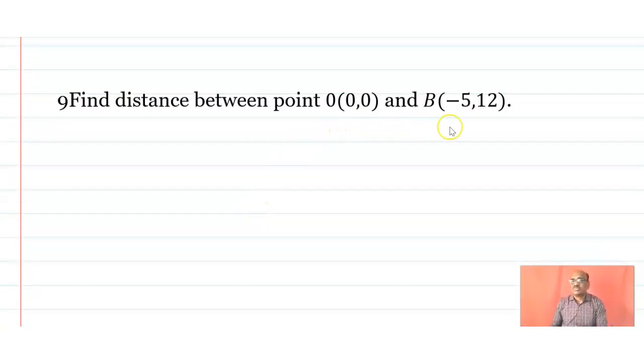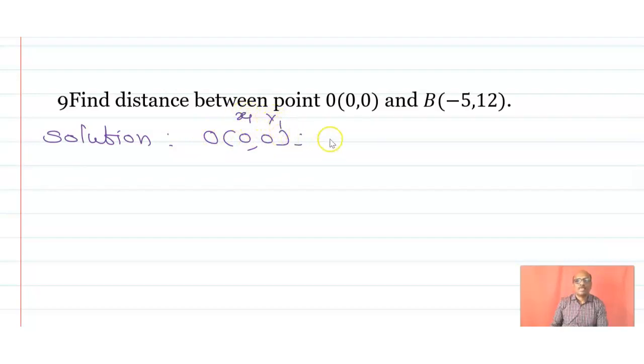Find the distance between, again here is the origin, therefore I will write here the solution. Okay, the first point is the origin O, whose coordinate is 0, 0, and here is x1 and y1. B coordinate is minus 5, 12. Here is the x2 and y2.